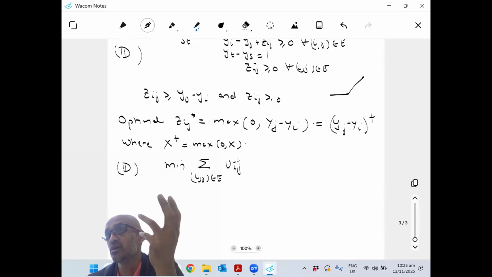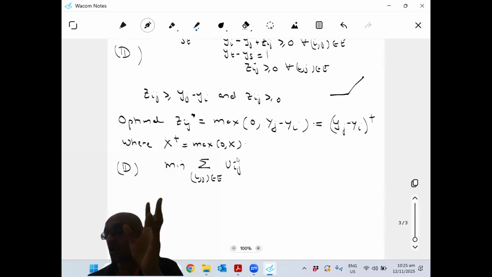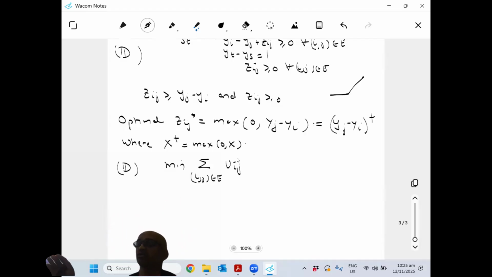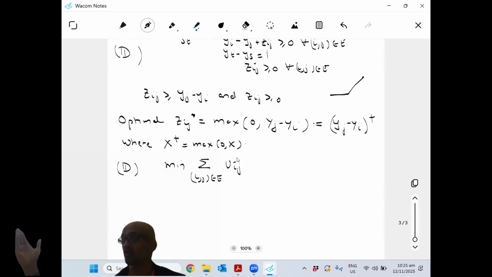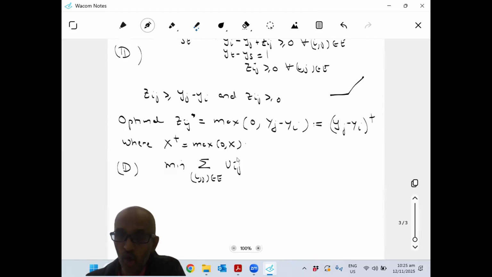It shows up in all types of problems. It shows up everywhere. It's the simplest extension of a linear function to a piecewise linear convex function. So I'm just going to use this notation. You'll see this a lot in papers.